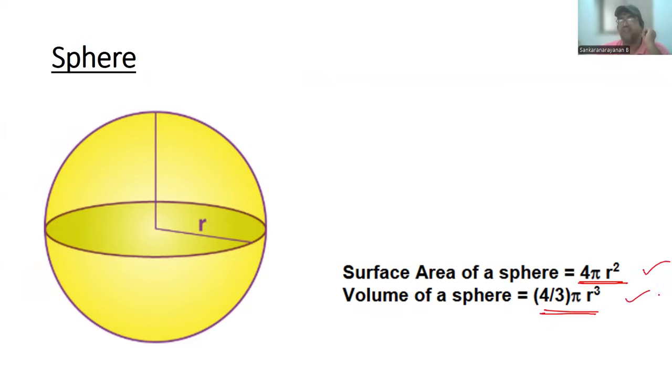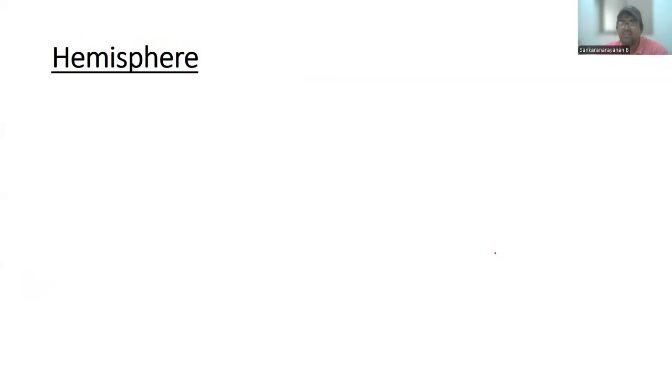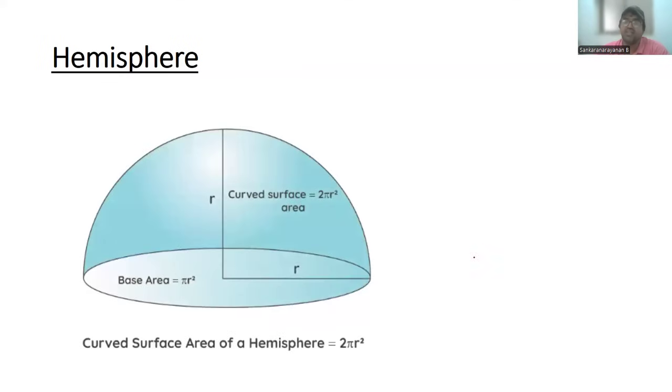These two formulae, if you know, calculation-wise, as far as the hemisphere, the last portion, is concerned, it is very easy. You know that for a sphere, the volume is nothing but 4 by 3 pi r cube, right? So for a hemisphere, the volume will be half of that of the sphere, because you cut that sphere into two equal parts, right?